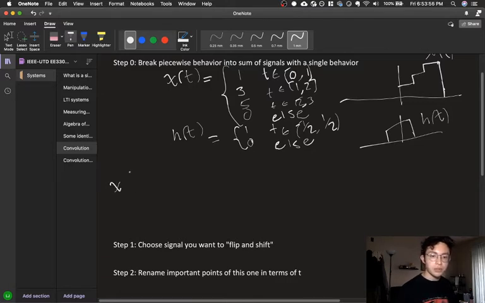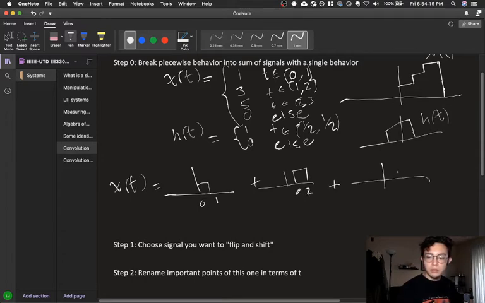So I'm going to say that x of t is, isn't it the same thing as having some box from 0 to 1, added to some box that's from 0 to 2, added to some box that's from 0 to 3? Oh wait, that shouldn't be a 0, that should be a 1.